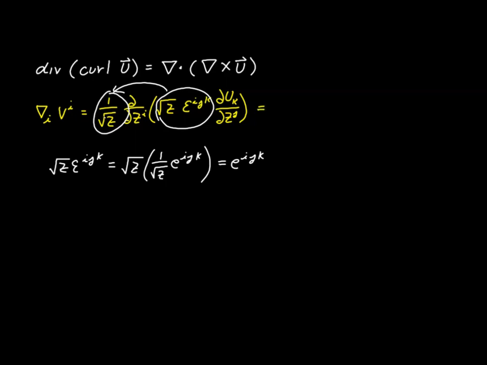This is now equal to epsilon^ijk times the partial derivative with respect to z^i of the partial derivative of u_k with respect to z^j. In other words, this is the second partial derivative of u_k with respect to z^j and then z^i.